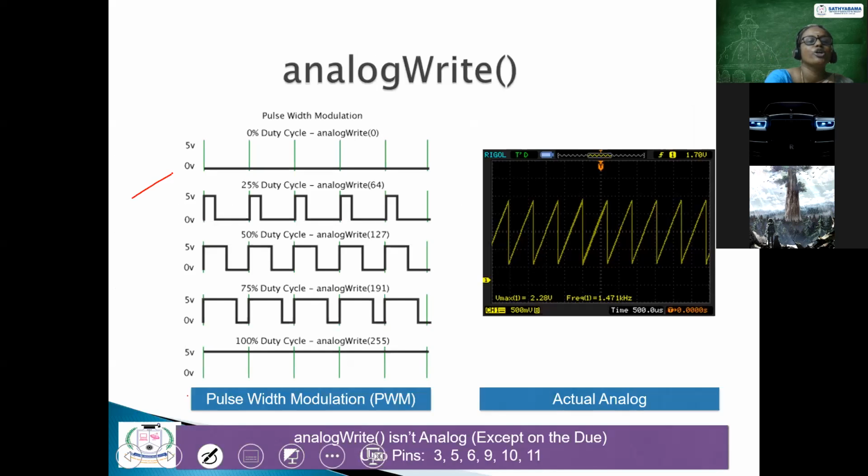So here 0%, 25%, that means this is the on period, off period. Depending on that, they will generate the waveform. That we can also see because one of our parts is along with the PWM.